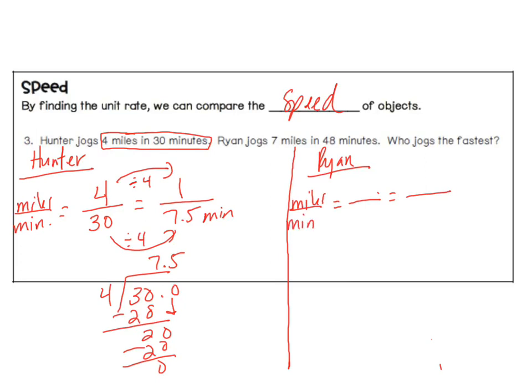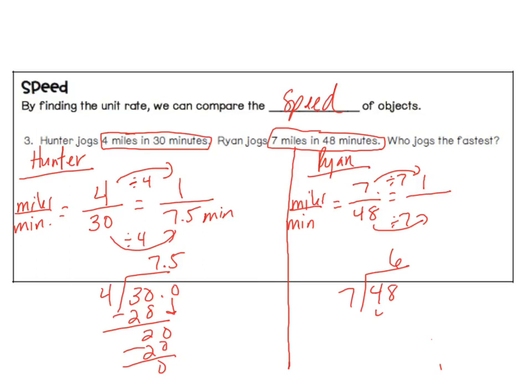So I've got miles to minutes again, and in his situation, it's 7 miles in 48 minutes, so I need to know for 1 mile. So I'm going to divide by 7. So let me take this 48. I'm going to divide by 7. Let's see, that would be 6, which is 42, which means I have 6 left over.